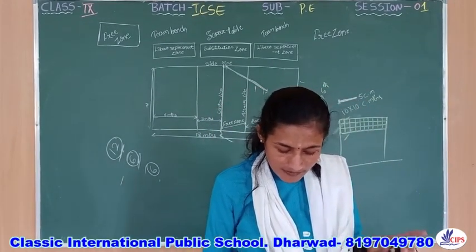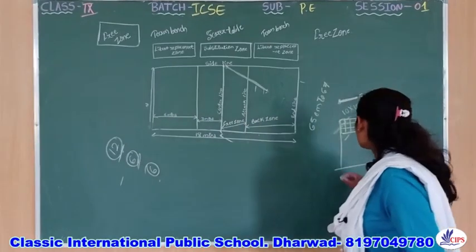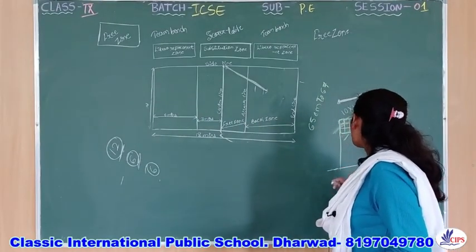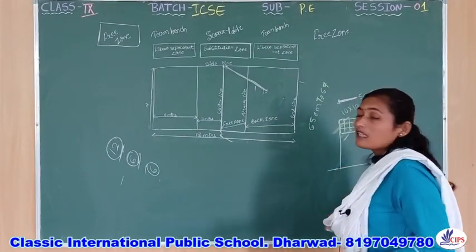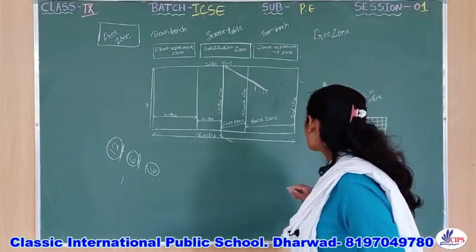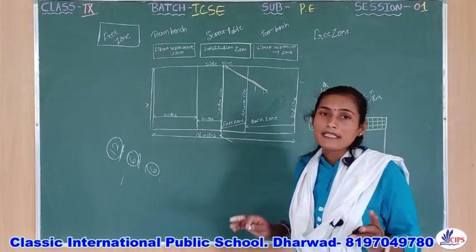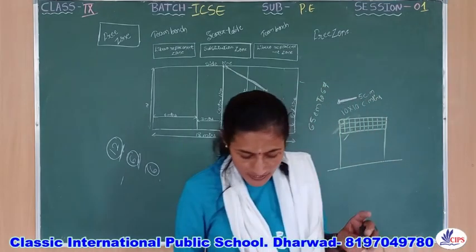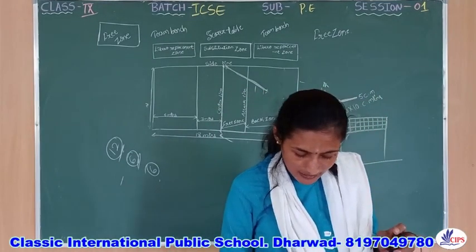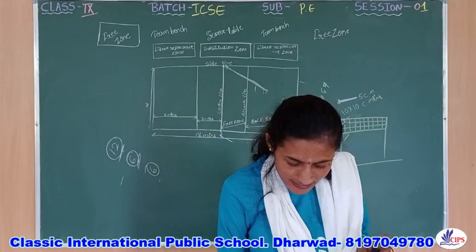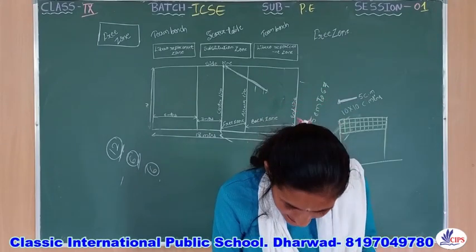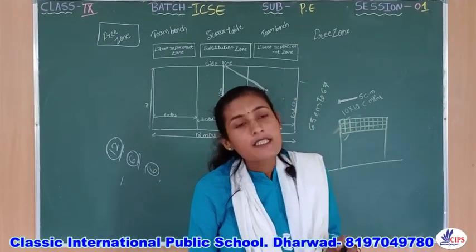Distance of the pole from the sideline is 50 centimeters to 1 meter. Then size of the marks on chest and back.